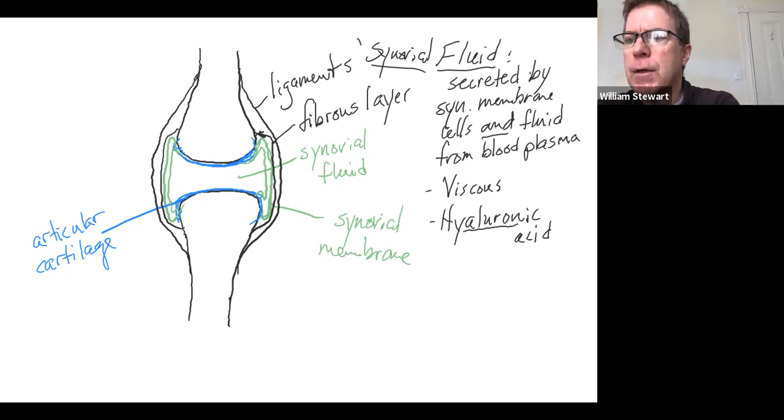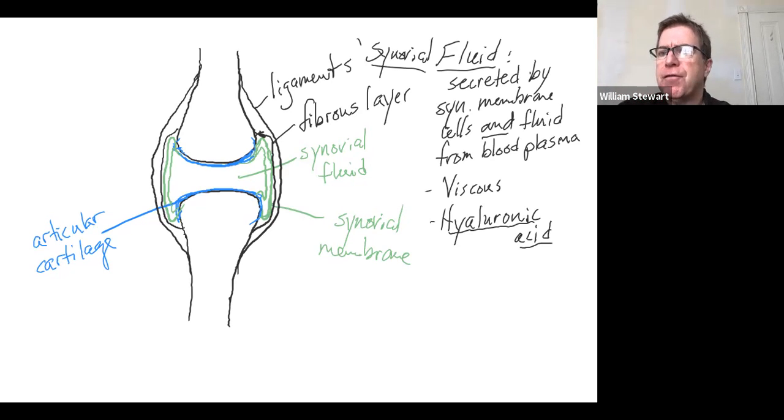So this constituent is found in synovial fluid, and it comes from the cells of the synovial membrane, as well as from blood plasma. What is the function of this stuff? It reduces friction, decreases friction is its main function. It also lubricates and acts as a shock absorber.